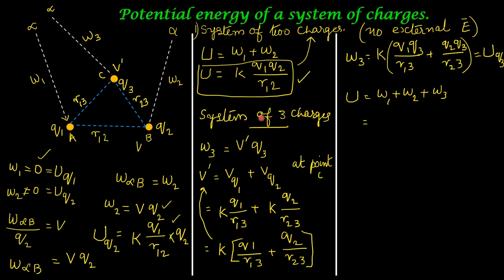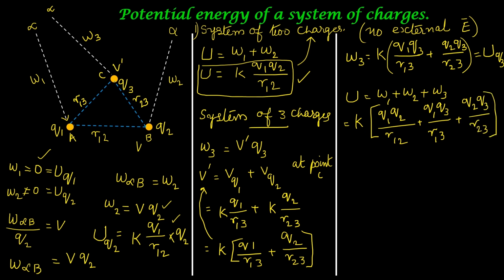We have already calculated the value of W2 and W3. We will add it up. K is common, therefore we take it out into Q1 Q2 upon R12 plus Q1 Q3 upon R13 plus Q2 Q3 upon R23.